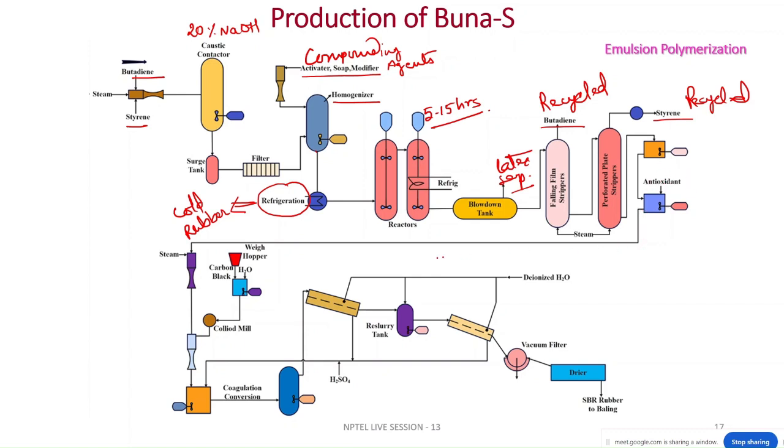The product is then mixed with steam, and carbon black filler is used. After proper mixing, it is sent to the coagulator. From the coagulation process, we get the rubber separated from the latex, and it is then sent through the vibrating screen.